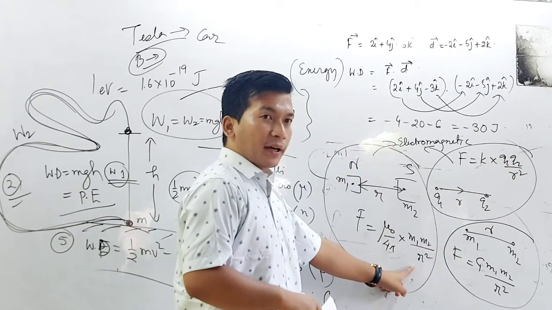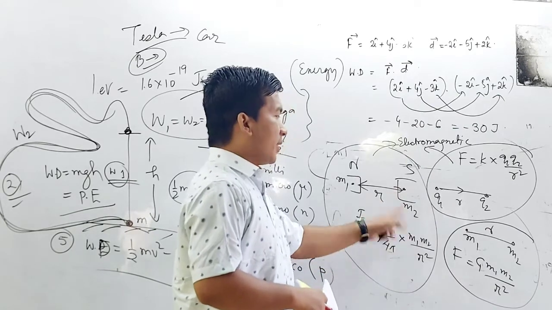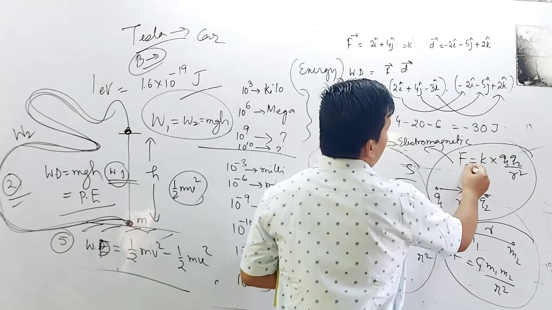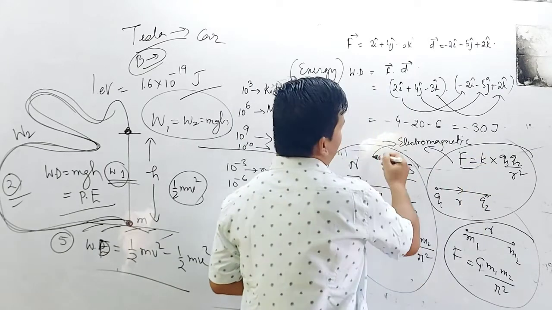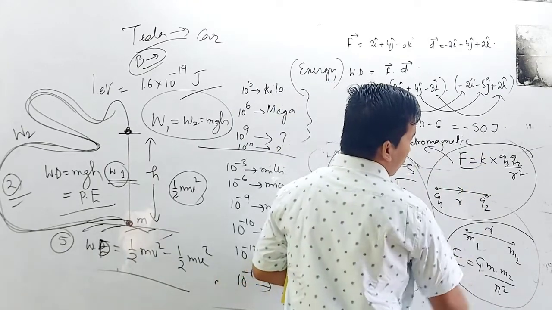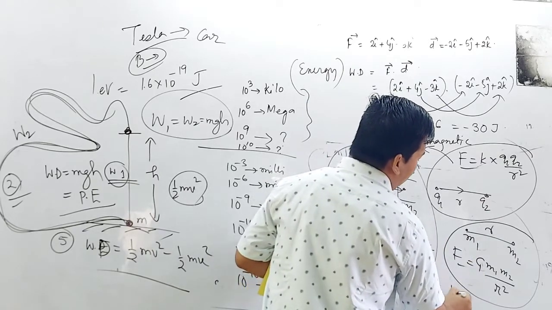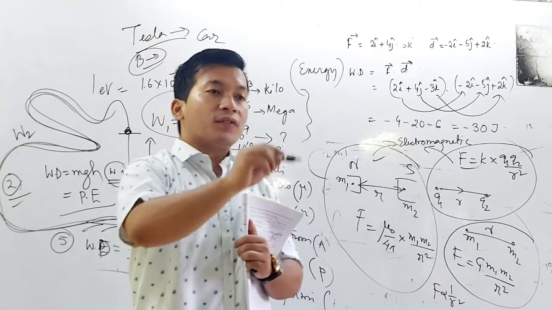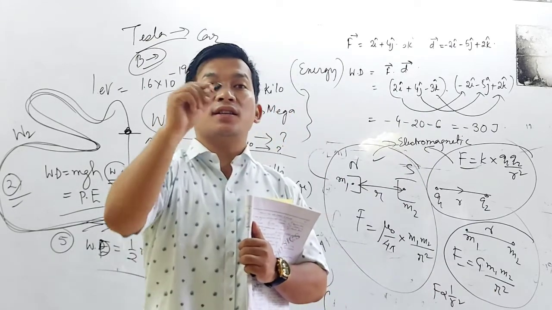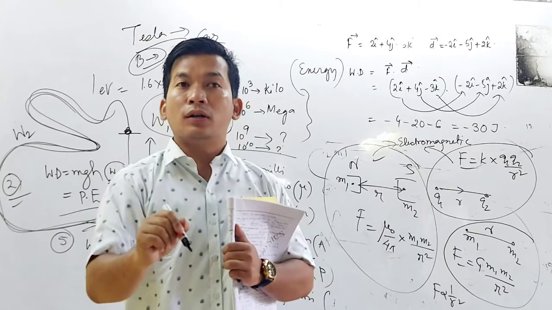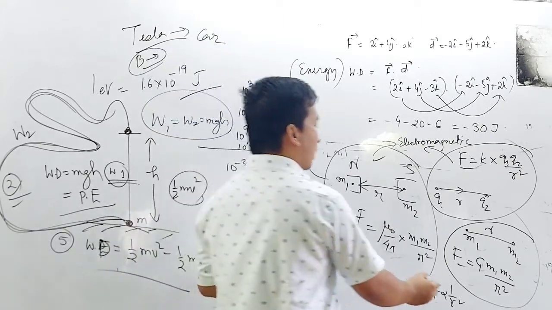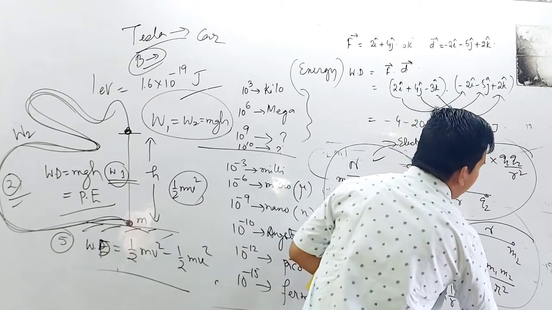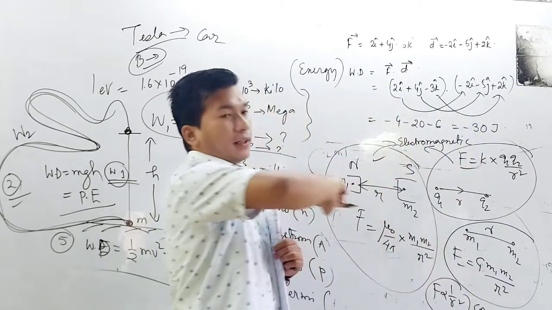These are three different formulas: electrostatic, magnetic and gravitational. They all follow 1 by r square. If any force follows 1 by r square, this is known as the inverse square law. A force following the inverse square law will be conservative. Without any consideration, close your eyes and say it is conservative.